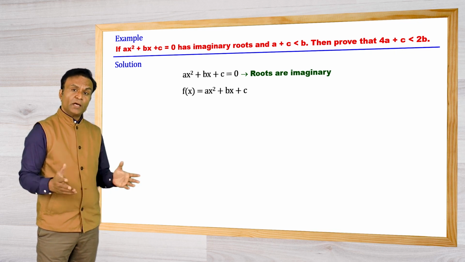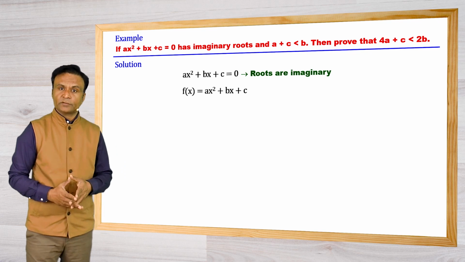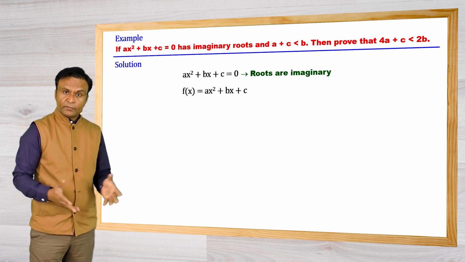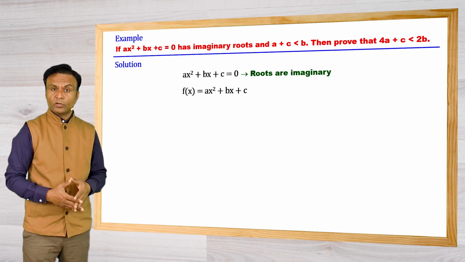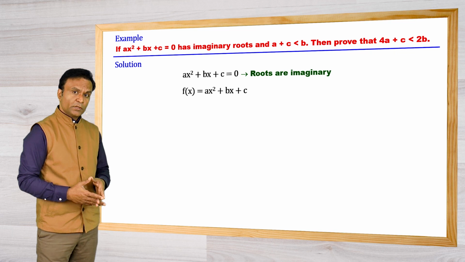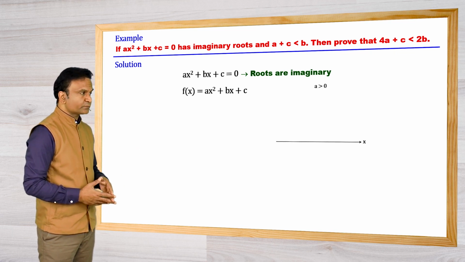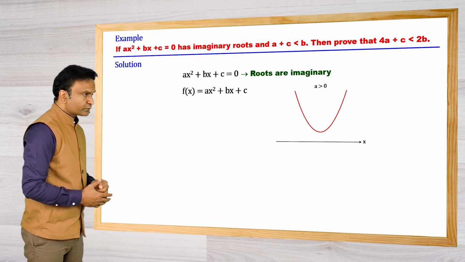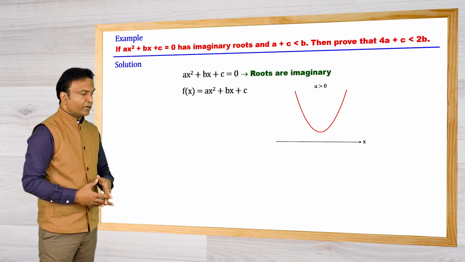So what are the possible graphs for this quadratic function? We don't have knowledge about a. A may be positive or may be negative. So we have these possible graphs. In the first graph, a is positive, so it is concave upward.